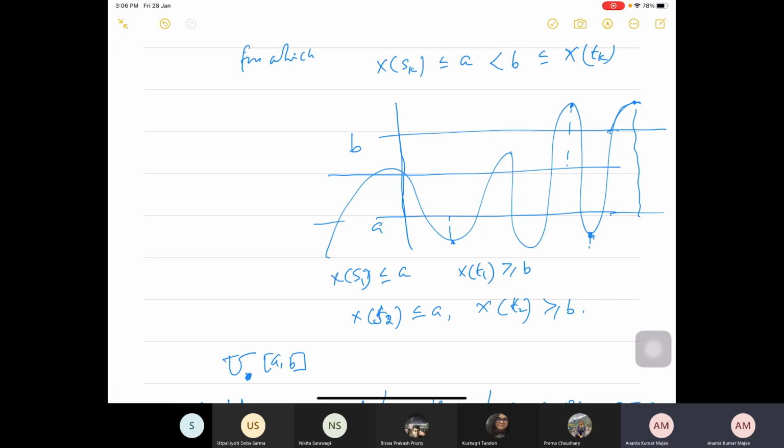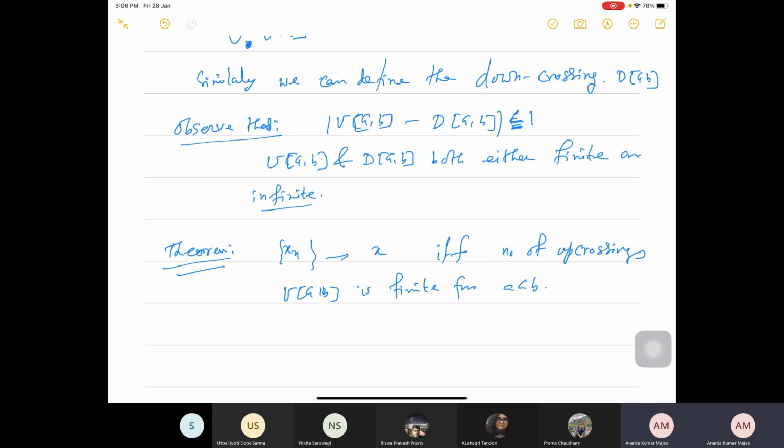So now x_n converges to x. If the number of up crossings or the number of down crossings is infinite for any a, b, then x_n cannot converge, at least intuitively, but one can prove it rigorously. So I just state this theorem.